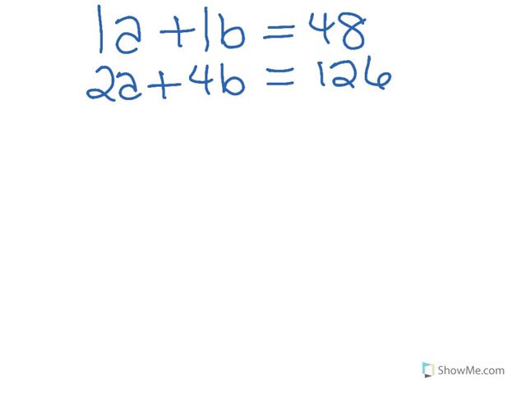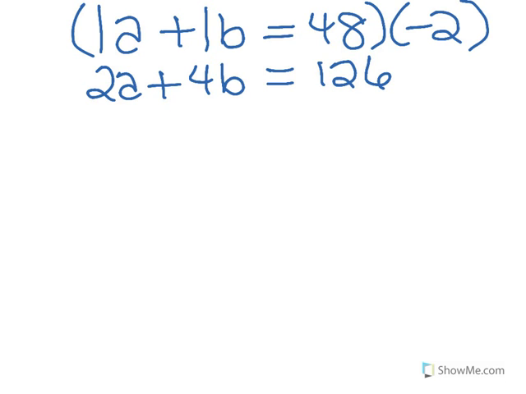To do that, then, I have to take the first equation and multiply it by negative 2. And I'll write that result underneath the second equation. So, negative 2 is going to get multiplied by every single number in the problem. In truth, what I'm doing is the distributive property on the left side and just multiplying 48 by negative 2 on the right side.